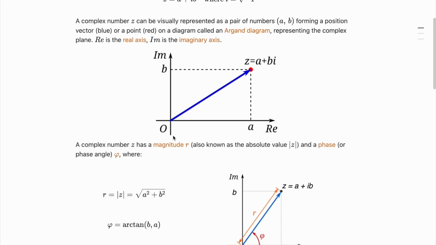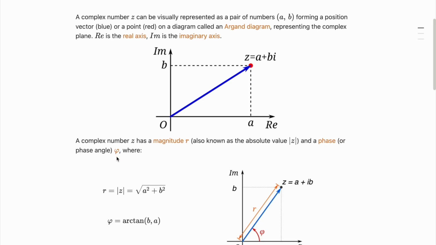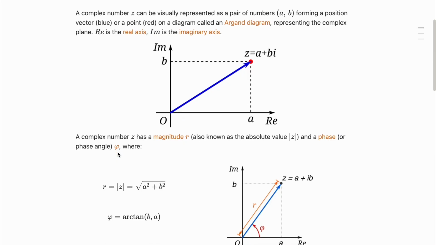The vector has both a magnitude as well as a phase angle, which is its angle with respect to the real axis. The magnitude is called r, and the phase angle is called phi, or in modern Greek this is pronounced phi, but we'll refer to the English pronunciation phi.